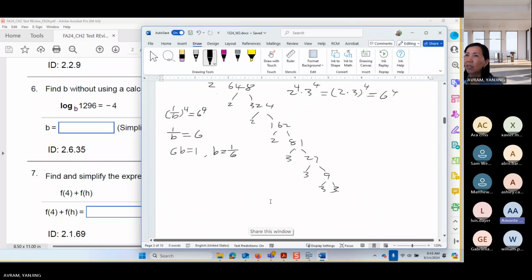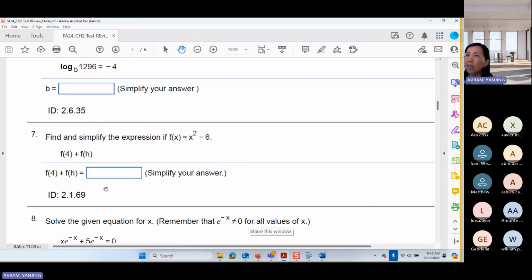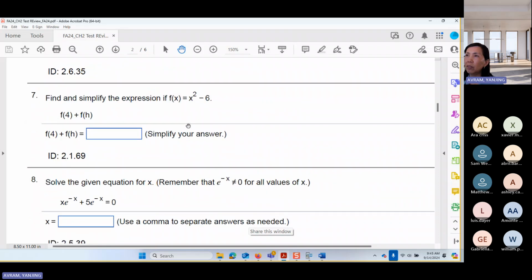Okay. All right. Find and simplify the expression if f of x equals x squared minus 6. So you want to simplify this expression. Basically, you just replace the x.